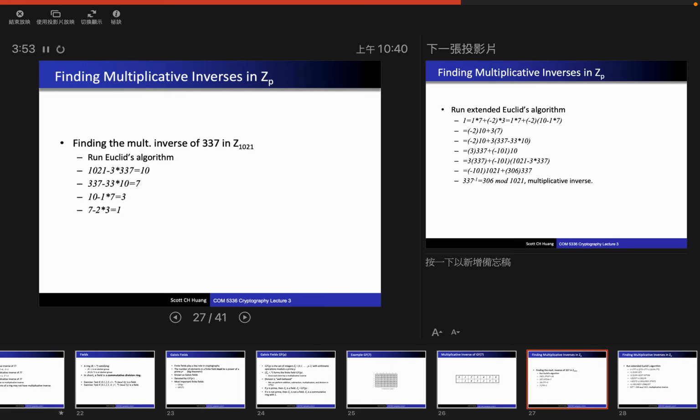Because if two numbers are relatively prime, that means they don't have any non-trivial greatest common divisor. Now, in this case, 1021 is prime.